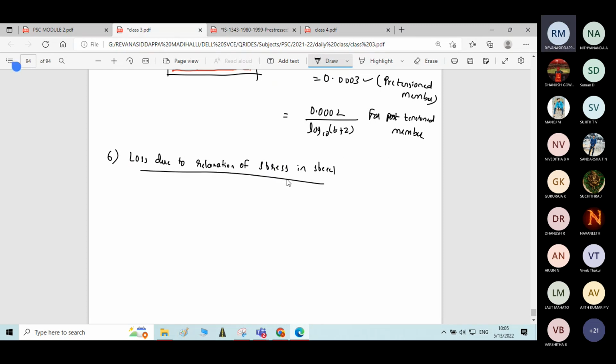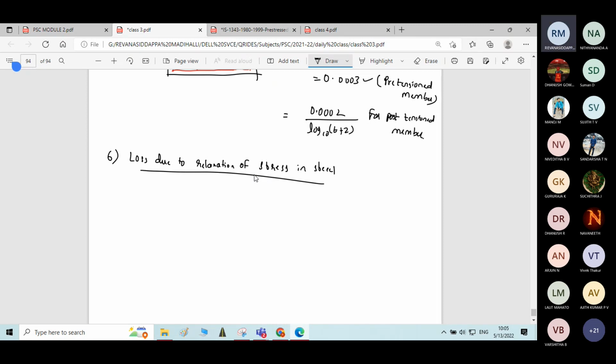Loss due to relaxation of stress in steel. What is the meaning of relaxation of stress in steel? Relaxation of stress is nothing but reduction in stress with time at a constant strain.